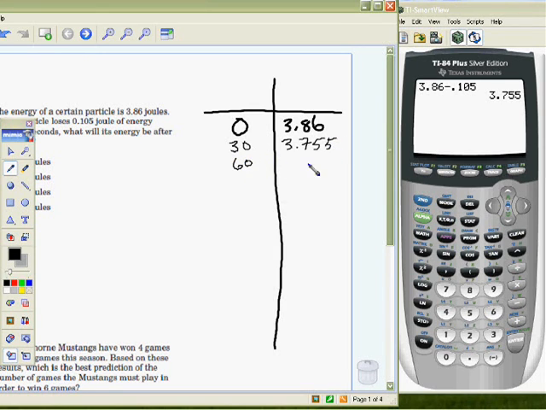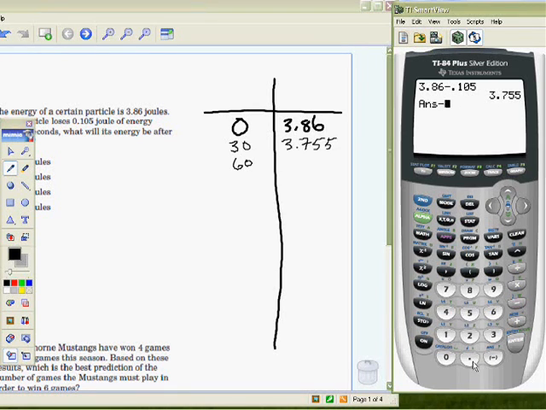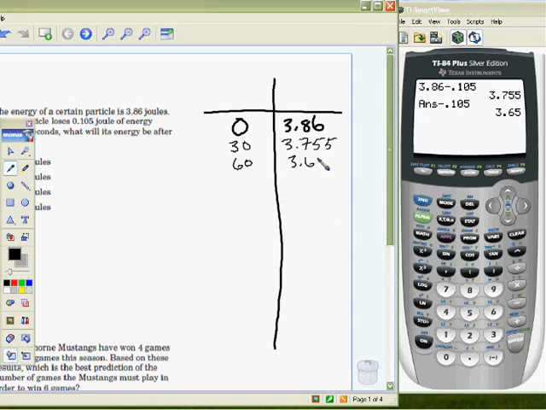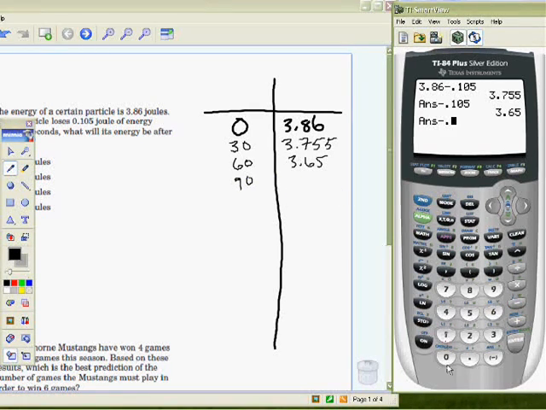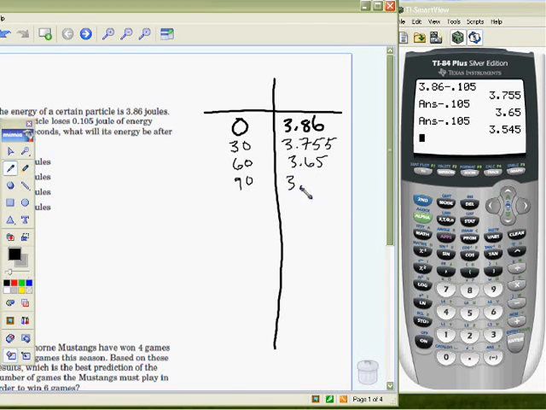Then at 60 seconds I'll need to subtract another 0.105, and I have 3.65 remaining. At 90 seconds, subtract another 0.105, and I have 3.545.